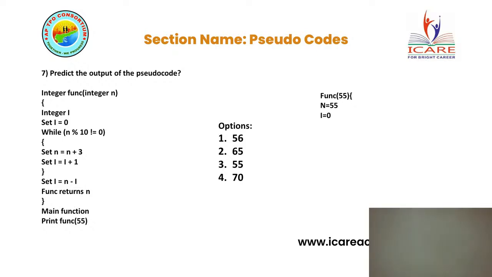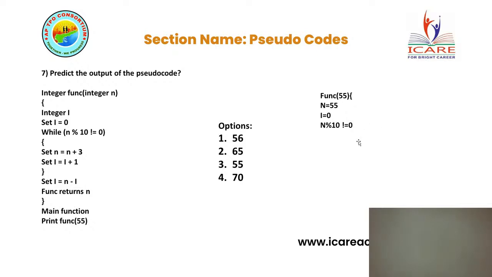So n modulo 10 not equal to 0. Here n is 55, and 55 modulo 10 is 5. 5 not equal to 0, so the condition is true. We are entering into the while loop.